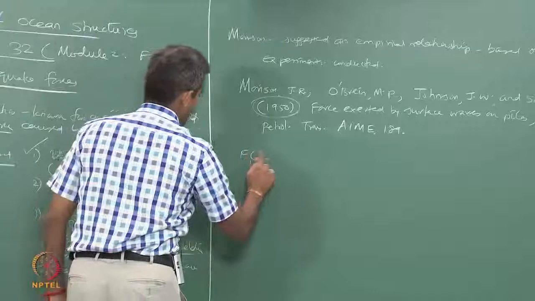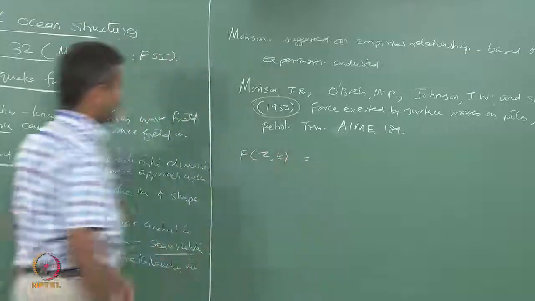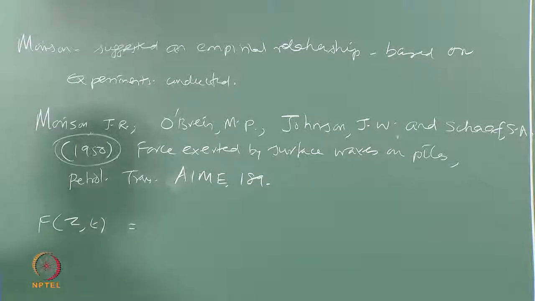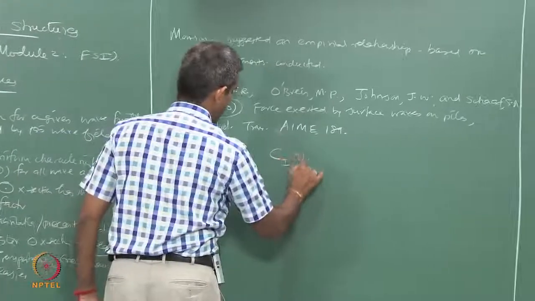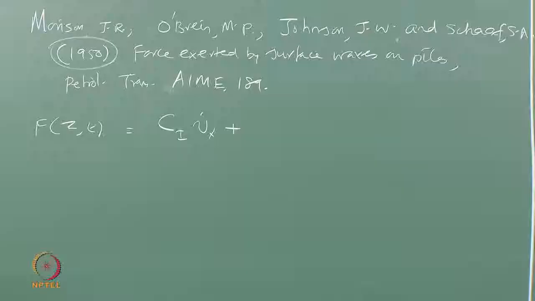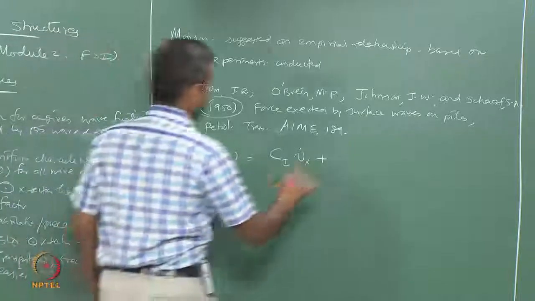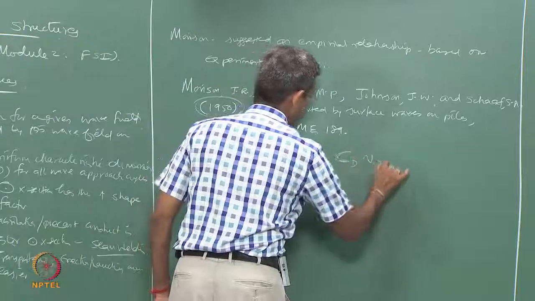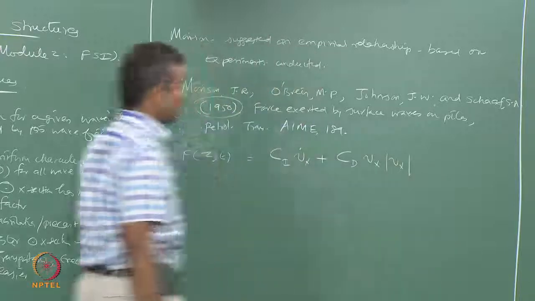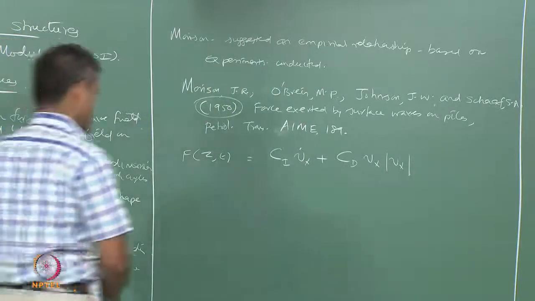The general equation suggested by Morrison is like this: f of z comma t is Ci Vx dot plus Cd Vx, which can be written in two forms.